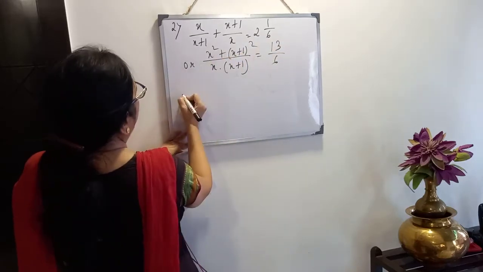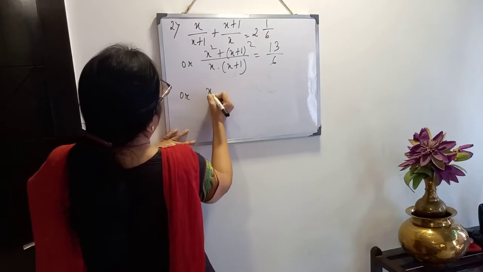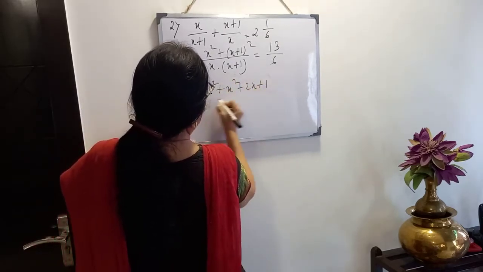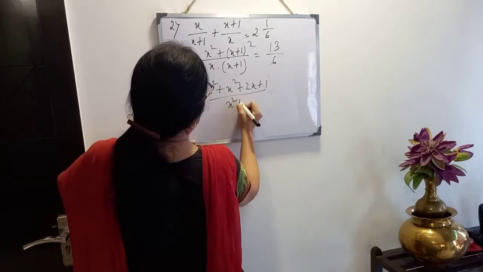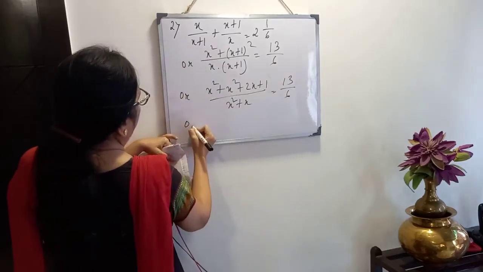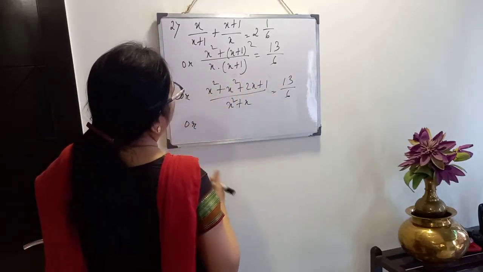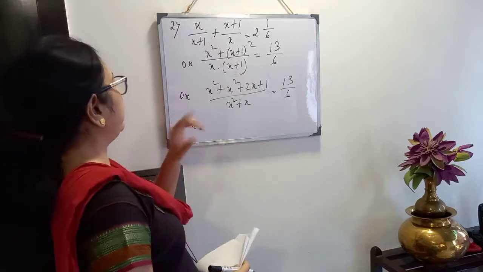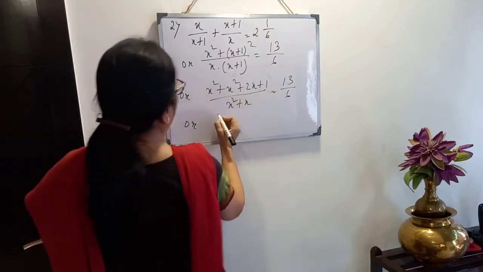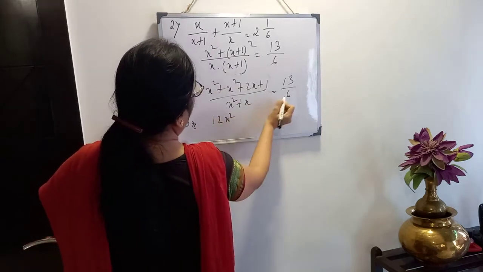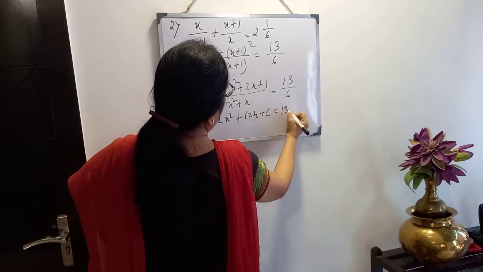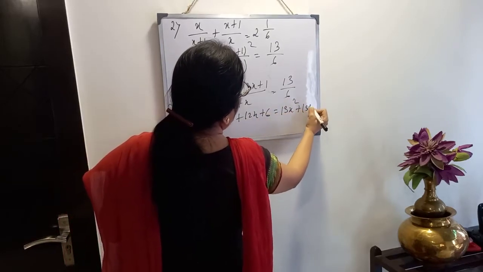Now open the bracket, and the denominator also multiply. Now the numerator I am doing directly. Okay, next step. See, numerator will come 2x square. So after cross multiplication it will become 12x square plus 12x plus 6 equals to 13x square plus 13x.